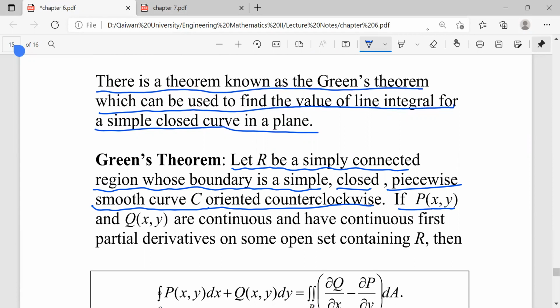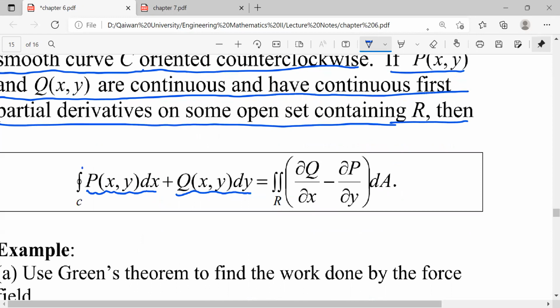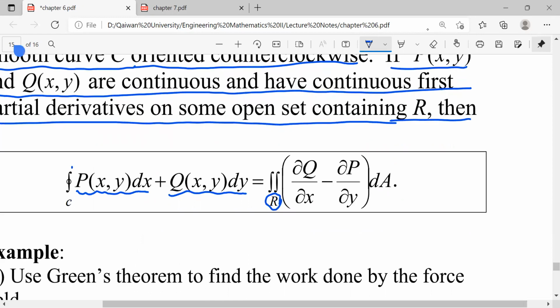If P of x,y and Q of x,y are continuous and have continuous first partial derivatives on some open set containing R, then the line integral of the simple closed curve, for P of x,y dx plus Q of x,y dy, equals the double integral over the region R of partial Q by partial x minus partial P by partial y dA.